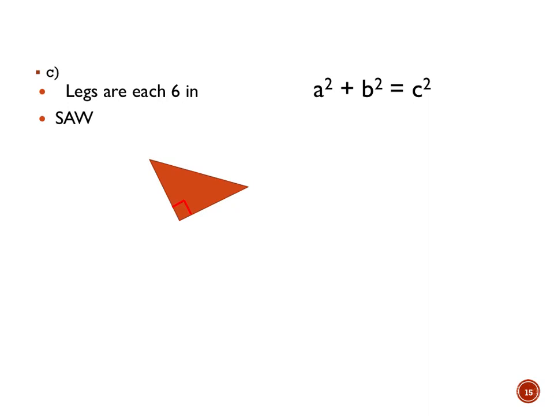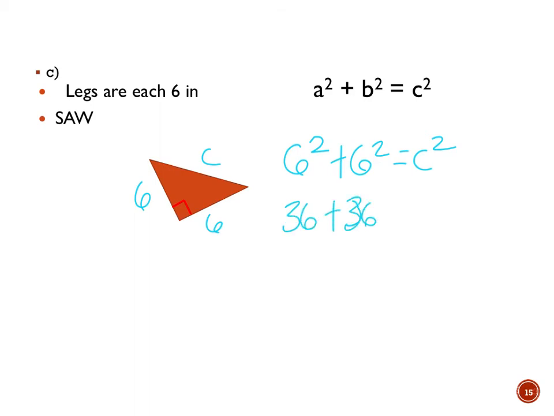Legs are each 6 inches. Both my legs are 6 inches, and we're missing my C. So 6 squared plus 6 squared equals C squared. 6 squared equals 36, plus 36 equals 72, which equals C squared.